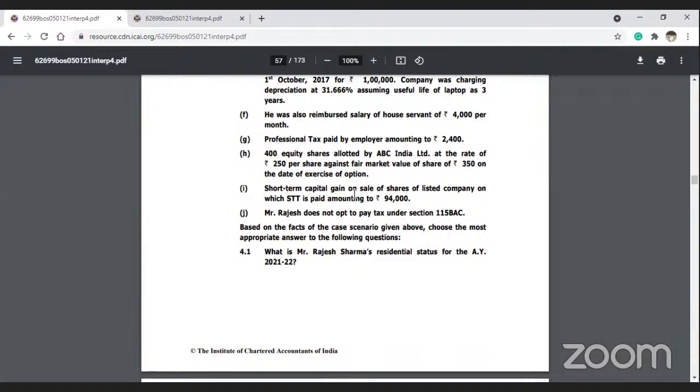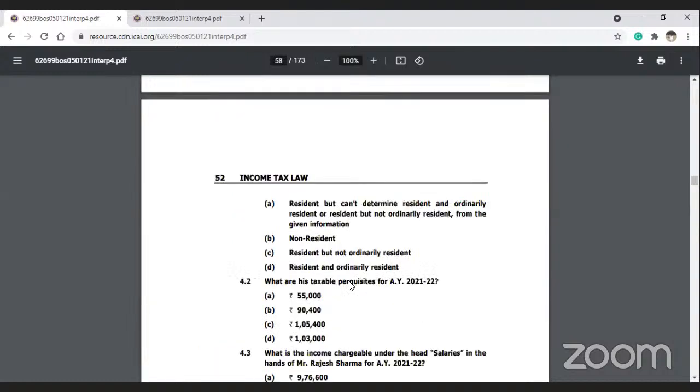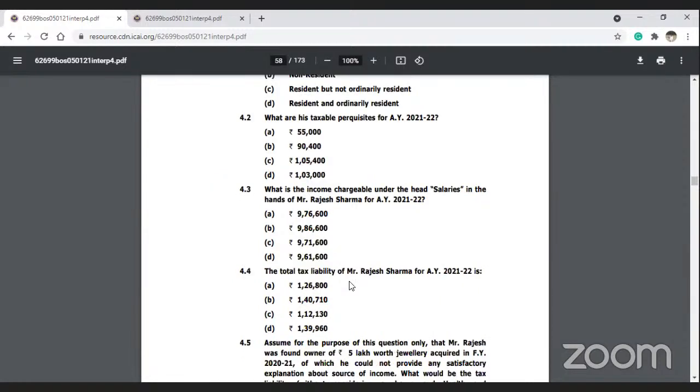What was our salary total? 9,76,600. So 95 into 15%. What was our salary? Oh yes, 9,76,600. And the amount of STCG, how much?